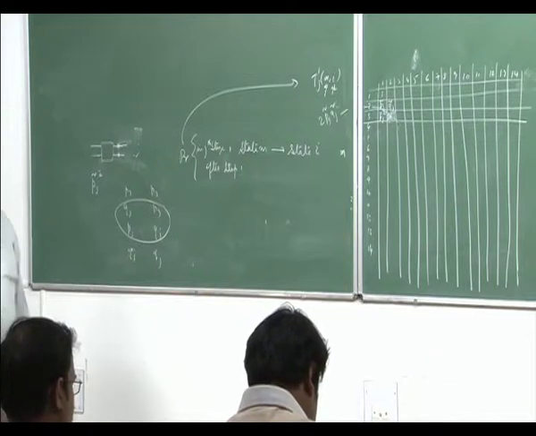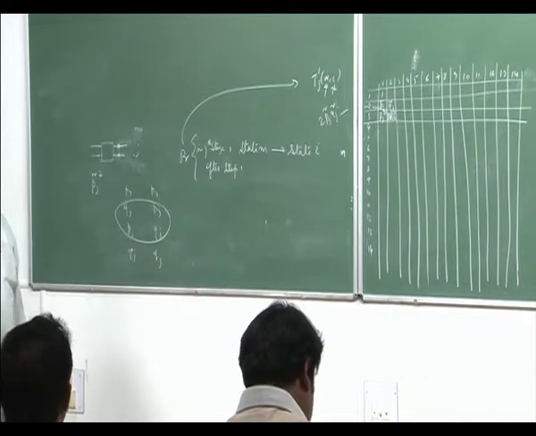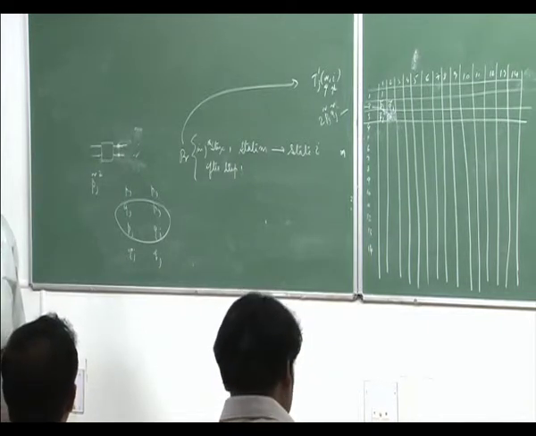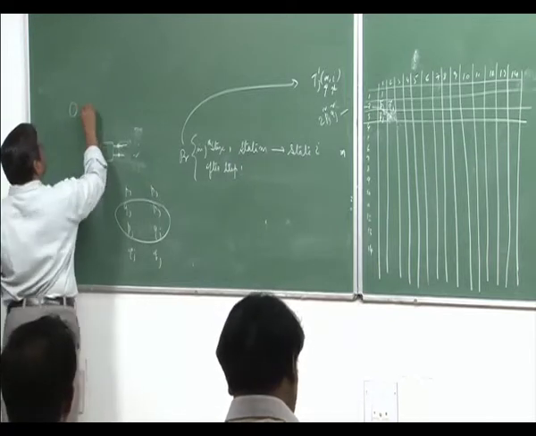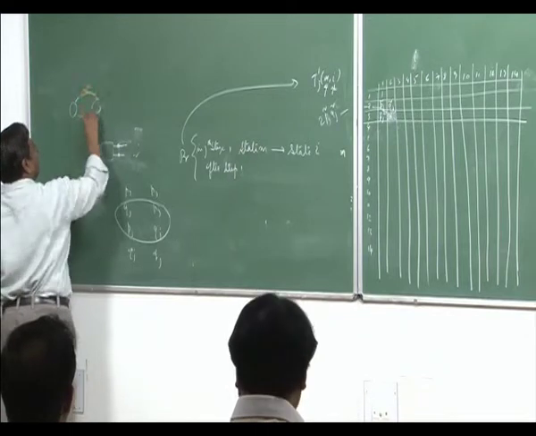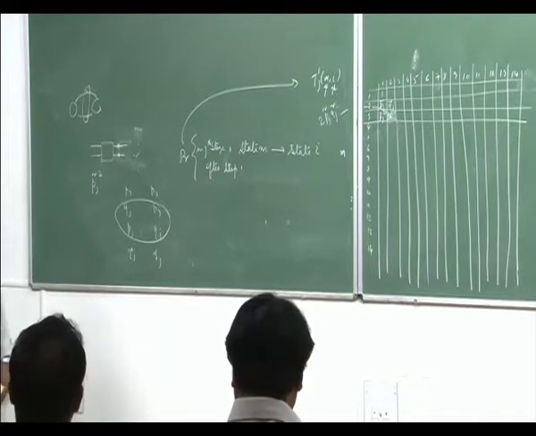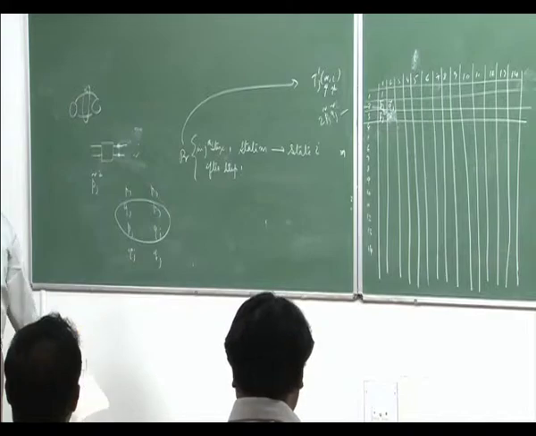Actually, the tabular description is of a Markov chain. A Markov chain has two things: the state probabilities and the transition probabilities. It has these boxes, so there is a probability of being in a state, and then there are the transition probabilities. But we can do the same thing with the bar state.